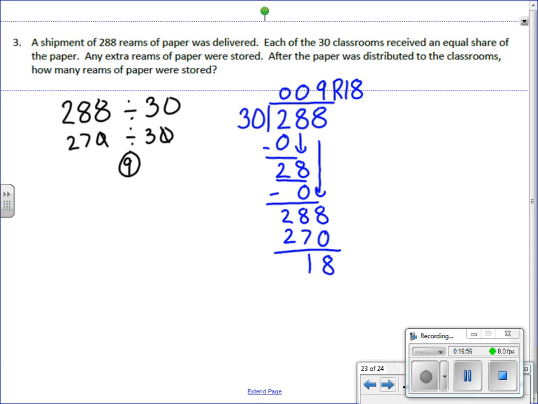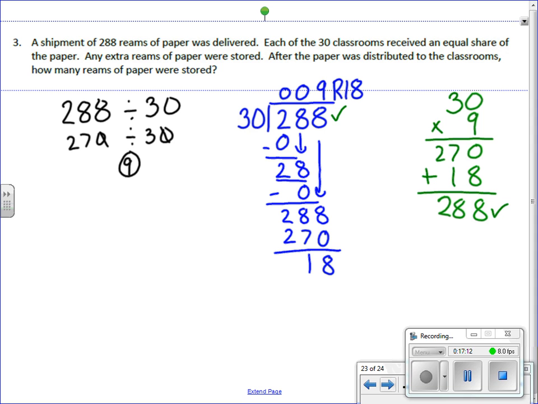Now we're going to check it to make sure we did this correctly. So we're going to take our 30 and multiply it by 9. Gives us 270. And we're going to add on our remainder of 18. Gives us 288. Checks out with our dividend. Now the question said after the paper was distributed to the classrooms, how many reams of paper were stored?